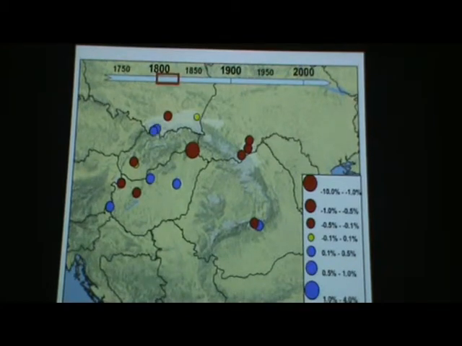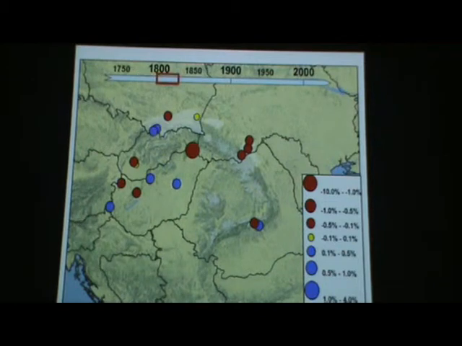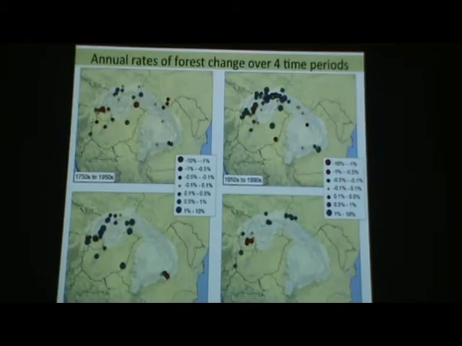And if we look at this through time, we see how forest cover changes in the Carpathian area across the Empire, the socialist period, the transition period, and the EU accession in the Carpathian Basin.